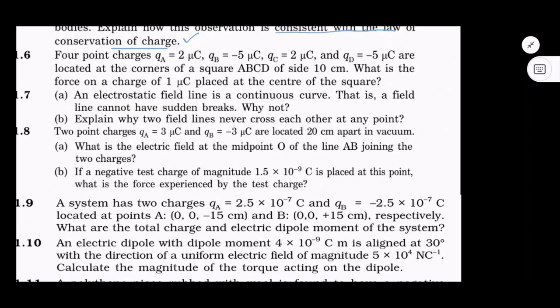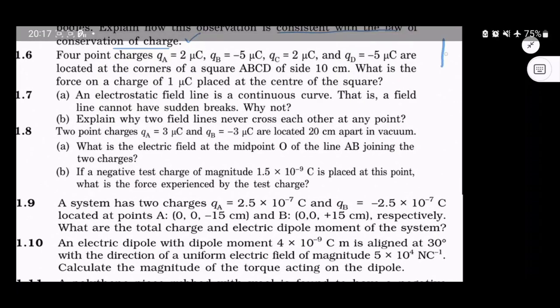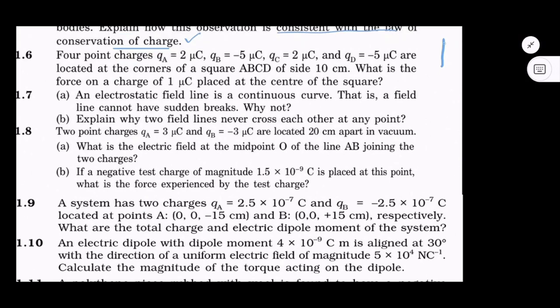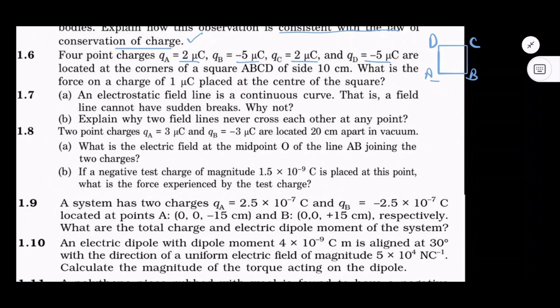Let us say this is a square, and it has 4 corners A, B, C, D, and each corner has a charge. So QA has 2 microcoulomb, and QB this much charge. Similarly, these are the charges.